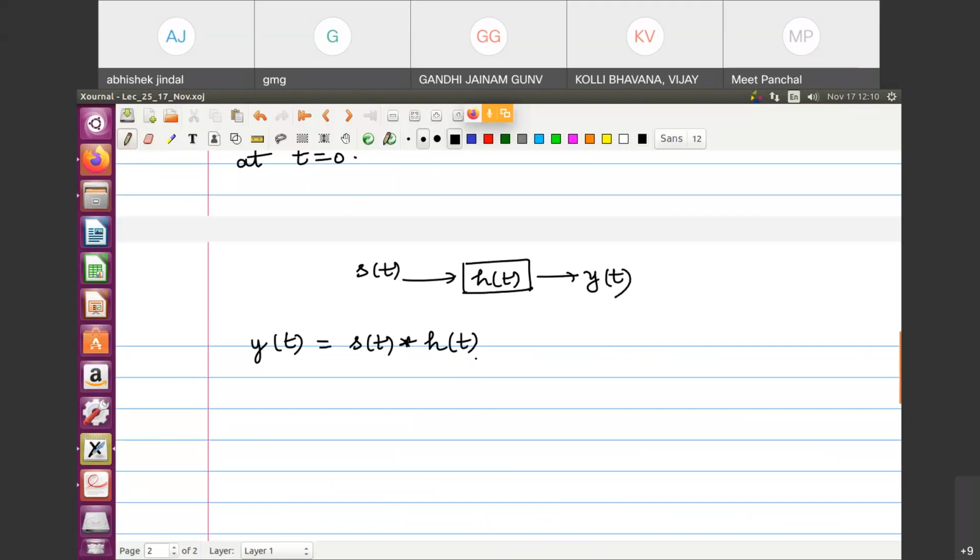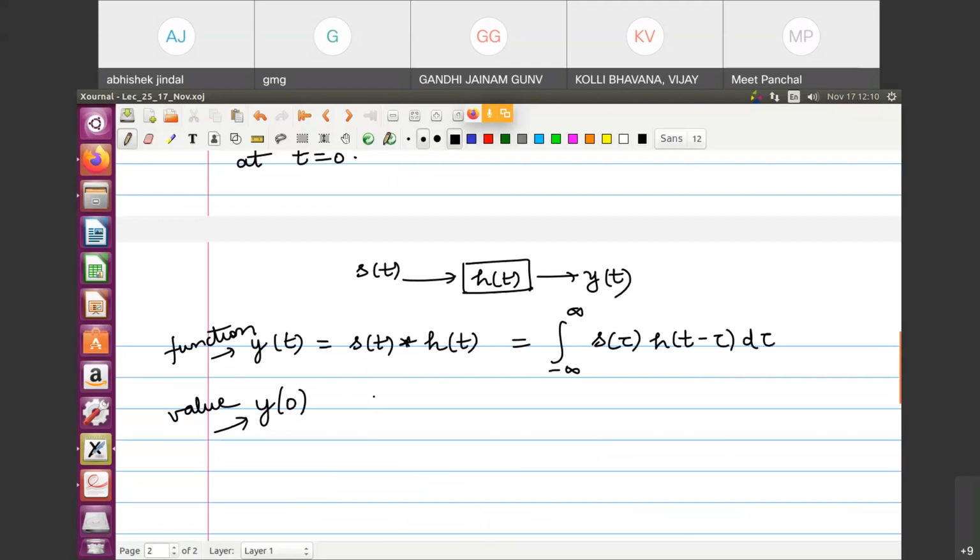So this is equal to the integral from minus infinity to infinity of s of tau into h of t minus tau d tau. Now suppose we sample it at 0. This is a function of time, and I want one value, so let us say y of 0.